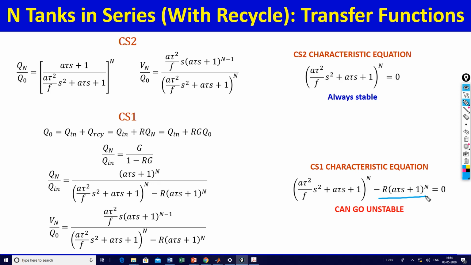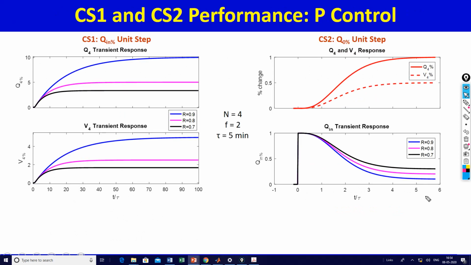Continuing, I did some simulation to get some results. So we have P control only for CS1. You give a step change in Qin, and number of tanks is 4, f is 2, tau is 5 minutes. For P control, a is of course infinity.